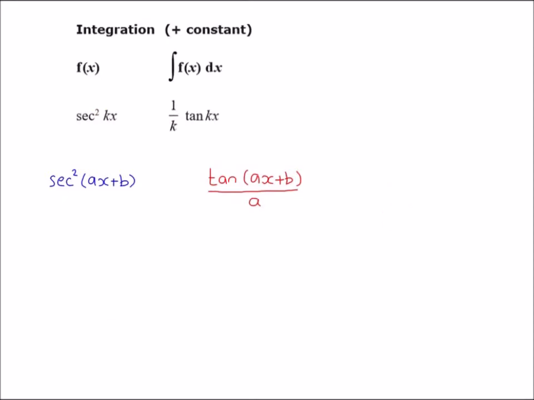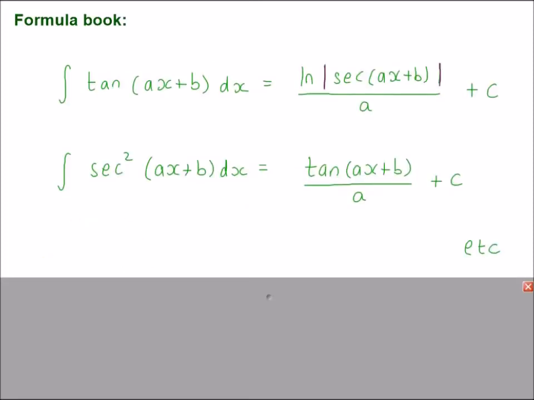But again, there's no formula for integrating secant squared of any possible function of x for the angle. There isn't. So a couple of modified formulae from the Edexcel formula book.